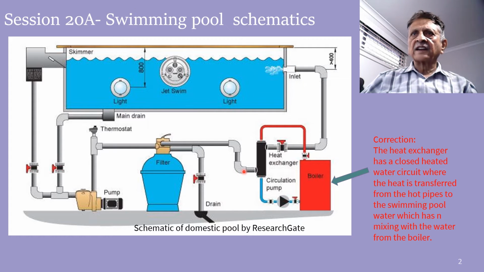In this situation, it all passes through a heat exchanger, where hot water goes in, mixes with the pool water, heats it up, and sends the hot water back into the pool.